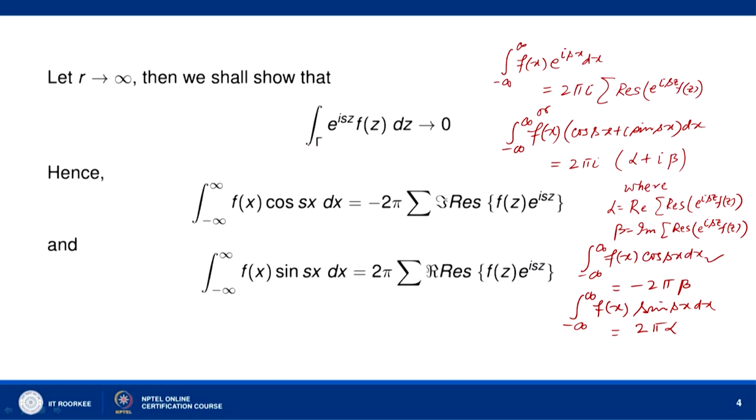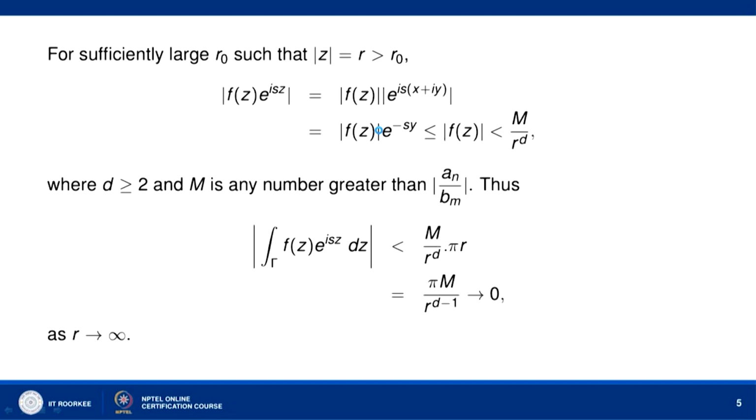Now, let us show that the integral over gamma of e^(isz) f(z) dz goes to 0. So, mod of f(z) e^(isz) is equal to mod of f(z) into mod of e^(isz), where z is equal to x plus iy. So, we put x plus iy here, and then mod of e^(is(x+iy)) is equal to mod of e^(isx) into e^(-sy), which is equal to mod of e^(isx) into mod of e^(-sy).